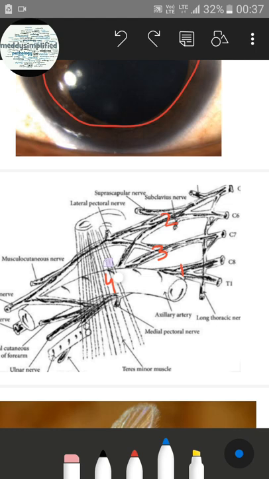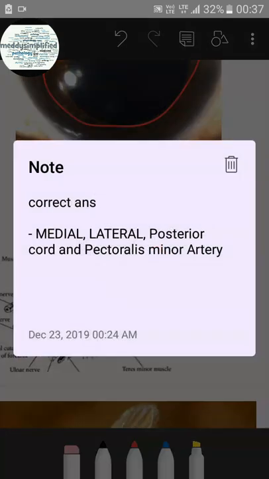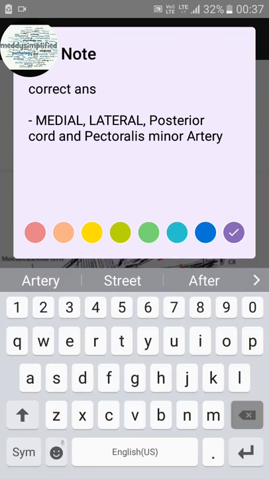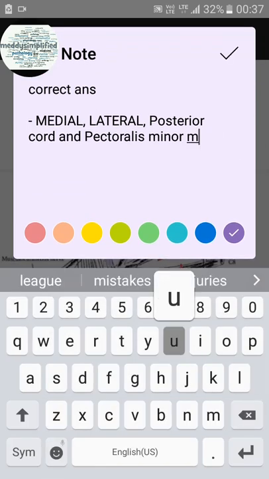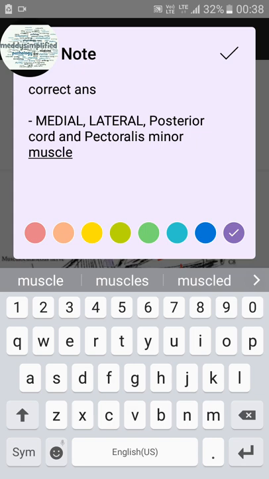The options were like lateral, medial, posterior cord with pectoralis major muscle, with pectoralis minor, and four combinations were given. The correct answer was medial, lateral, posterior cord and pectoralis minor, not artery, pectoralis minor muscle. I'll just correct it, pectoralis minor muscle.